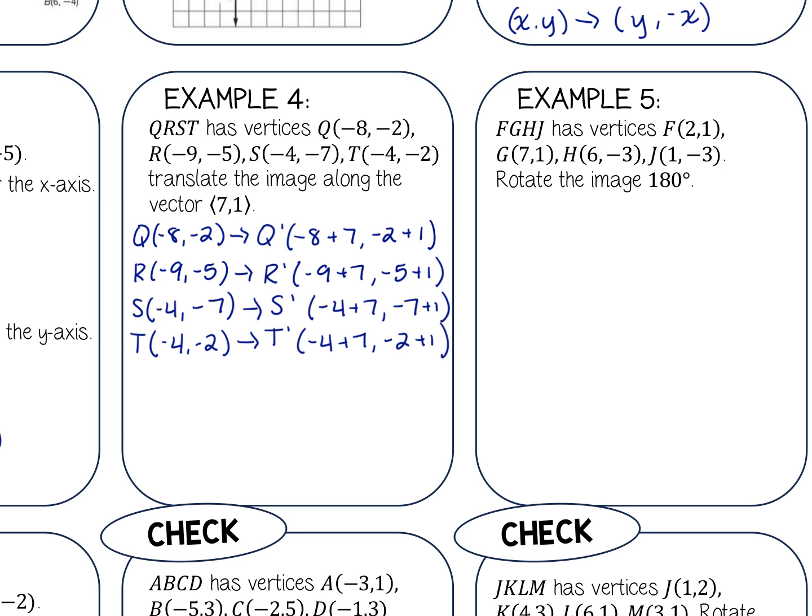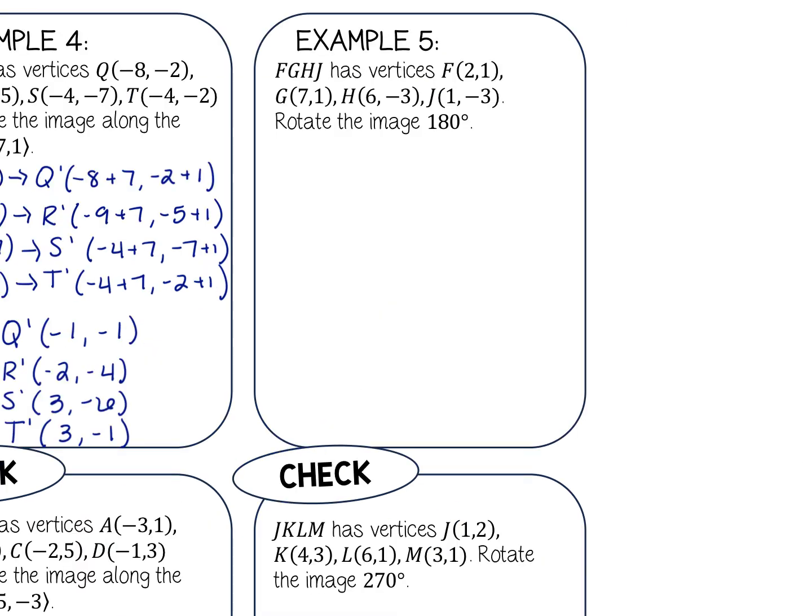Now we're just going to simplify those. The final coordinate for Q prime is -1, -1. R prime is -2, -4. S prime is 3, -6. And T prime is 3, -1.